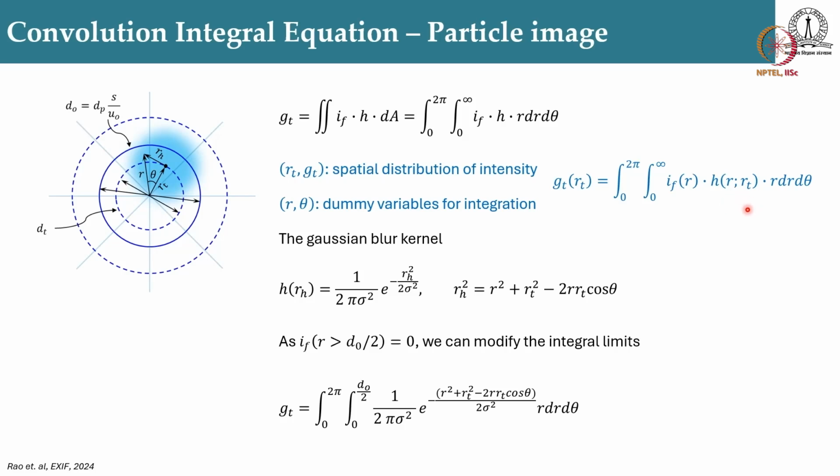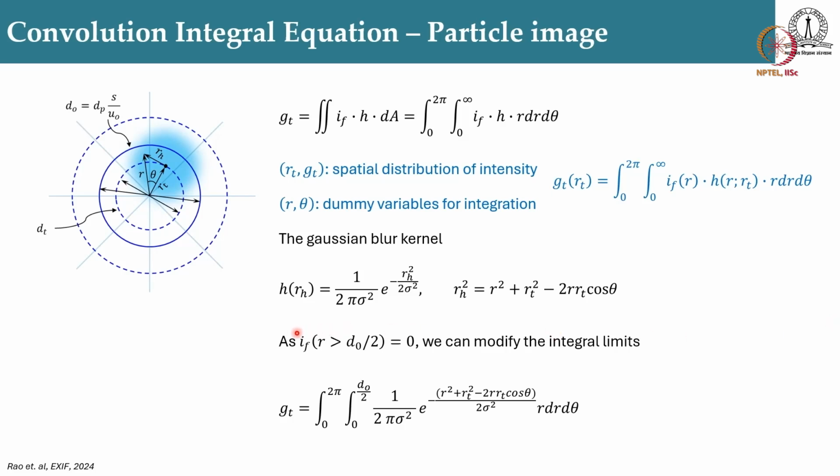But at a given r_t, that r_t dependence should stay here, right? Because then both sides of the equation are functions of r_t. And this just depicts that r and theta are your integral parameters, or just dummy variables for integration.